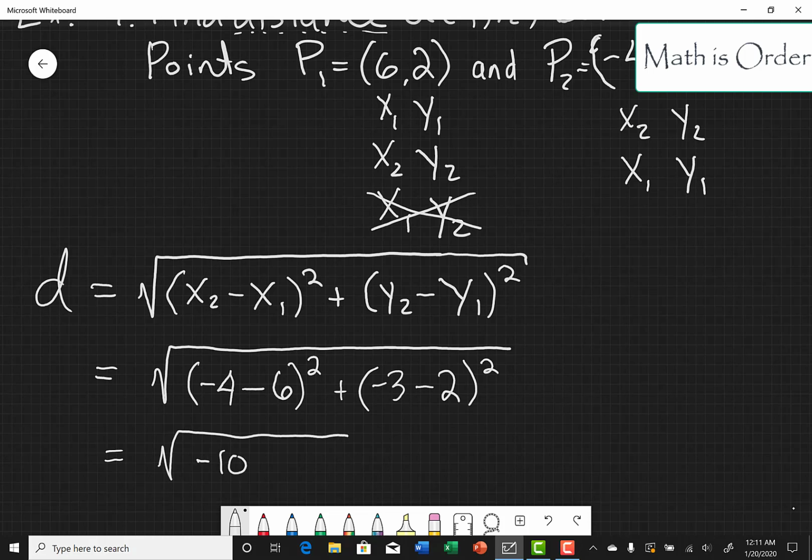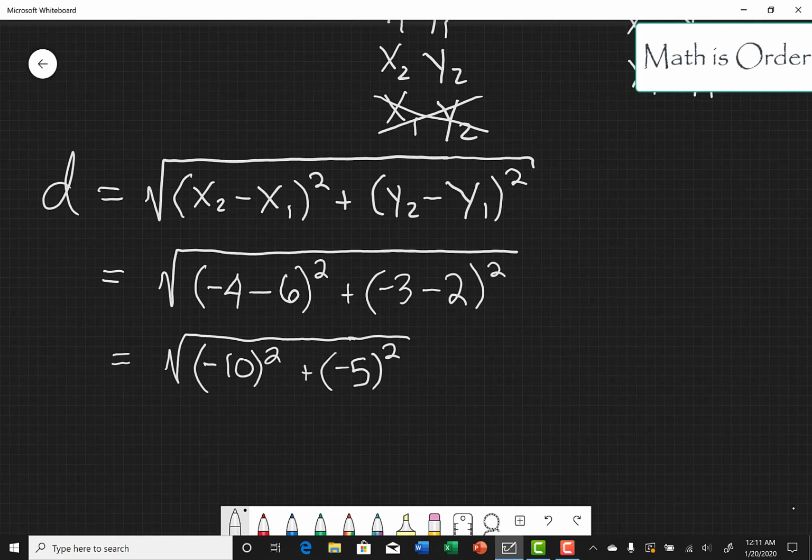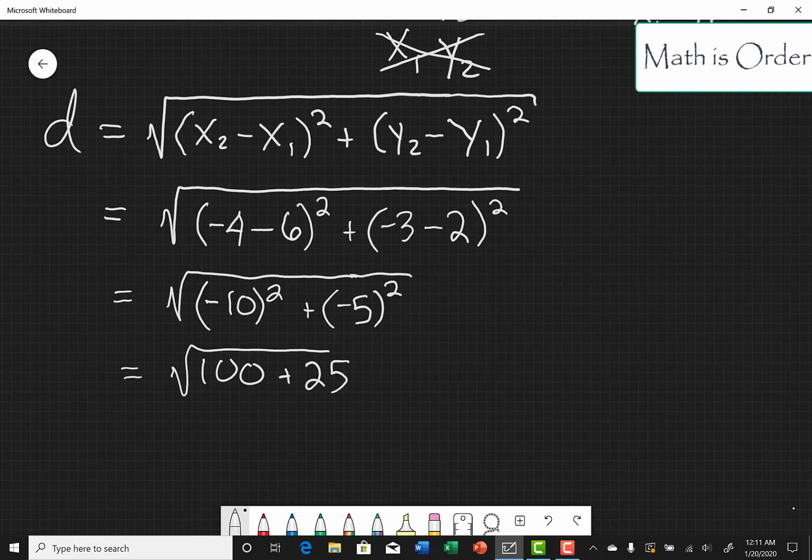Here we get -10, -5. Simplifying further, we get 100 plus 25, which is 125.